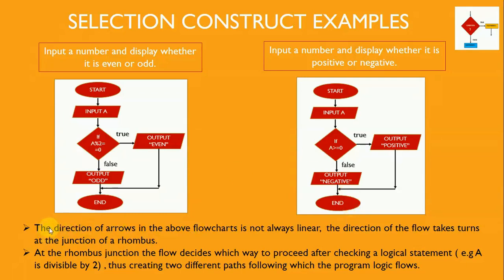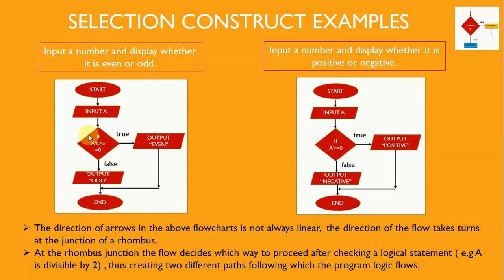So in both the cases, you can see that the direction of arrows in the above flowcharts is not always linear, and the direction of flow takes turns at the junction of a rhombus. At the rhombus junction, the flow decides which way to proceed after checking a logical statement.